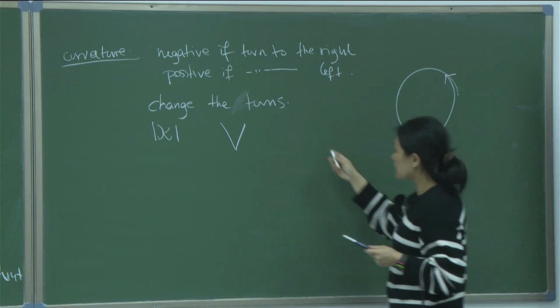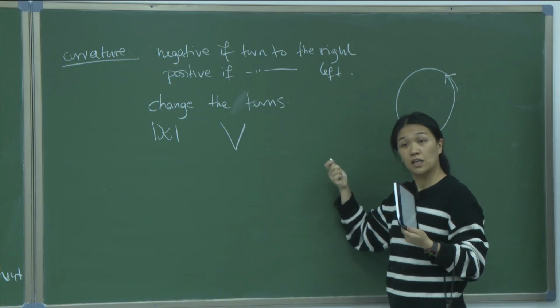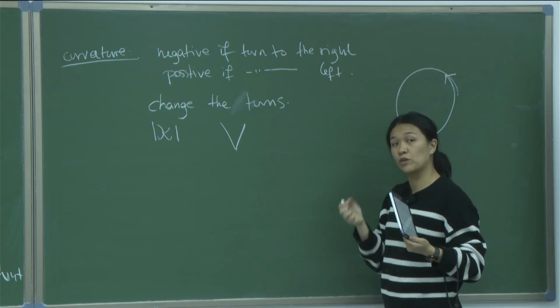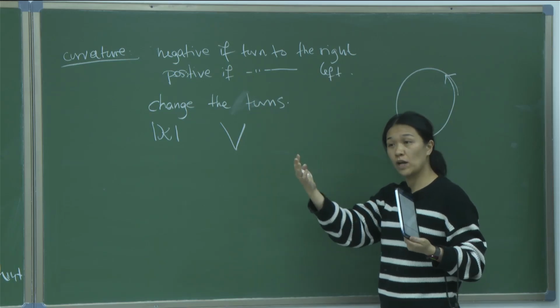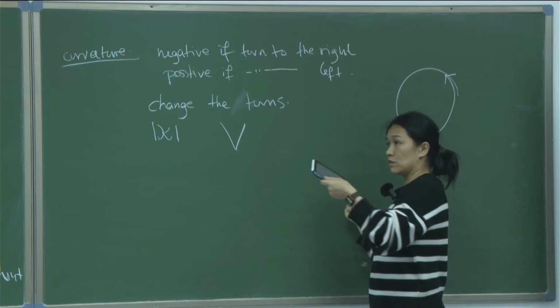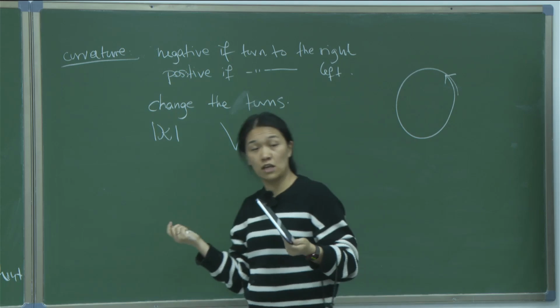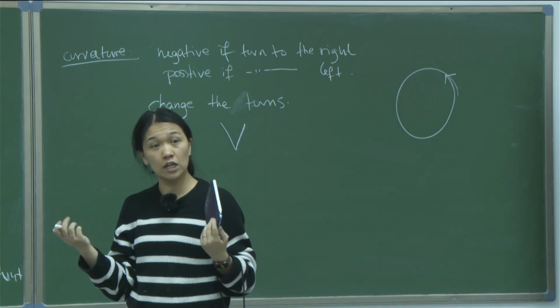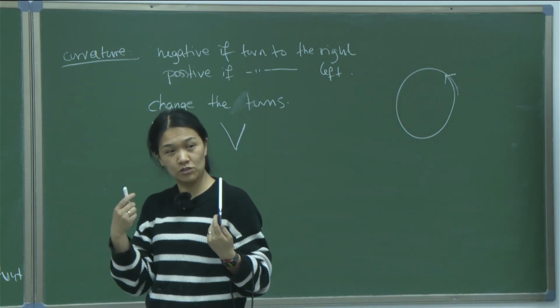And this change of sign, how does it look like? Anyone an idea how you can identify a point where, instead of turning to the left, you turn to the right and the other way around? How would such a point look like? Can you draw it?